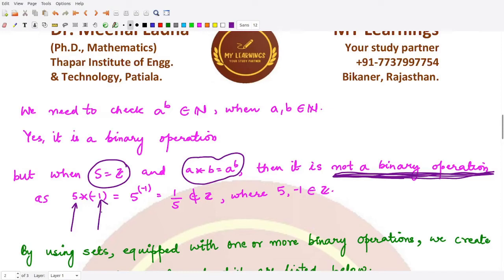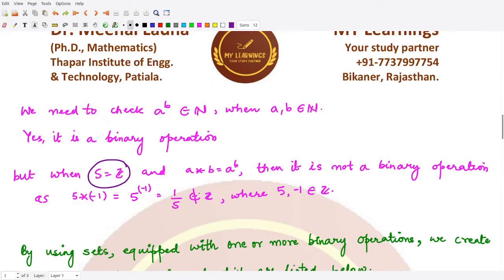According to the operation, the answer would be 5 to the power -1, which is 1 by 5, and 1 by 5 is clearly not an integer. So therefore this is not a binary operation, right?